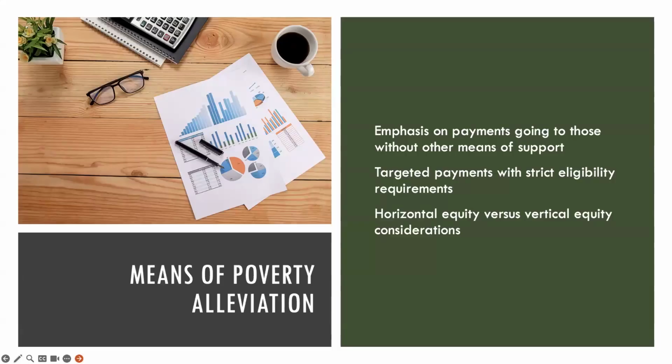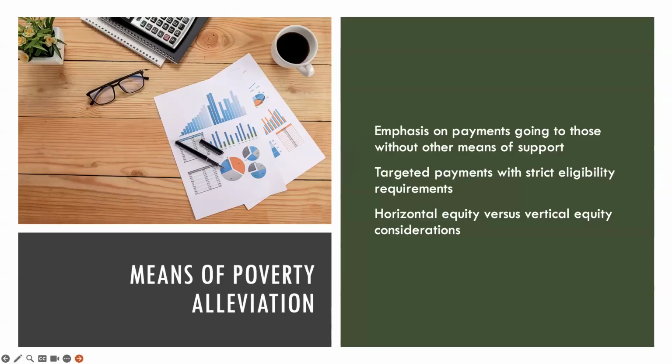So, an important element is also a consideration of the means of poverty alleviation which are being used in Australia. Maybe I don't want to give you a detailed overview of all of these means, but just briefly state that many of them put an emphasis on payments going to those without other means of support.